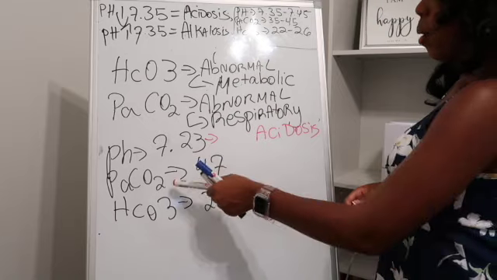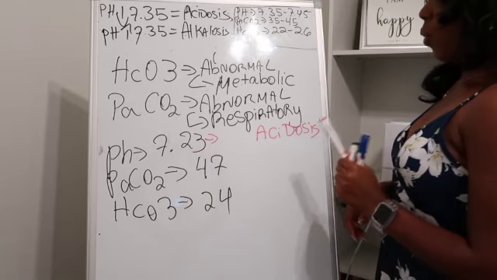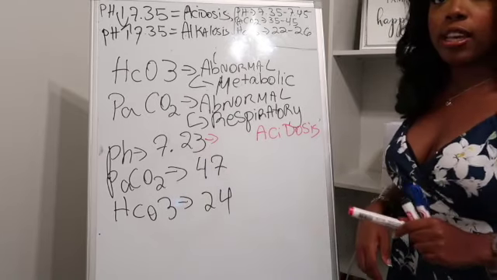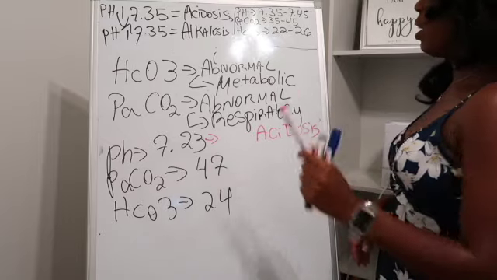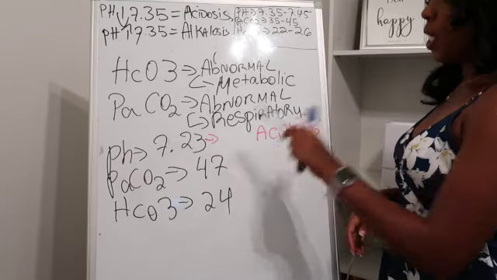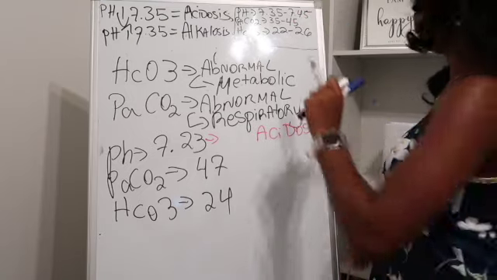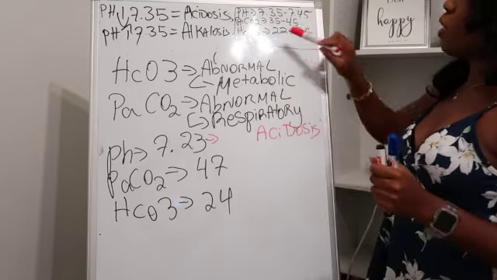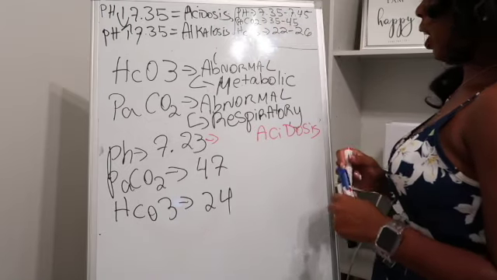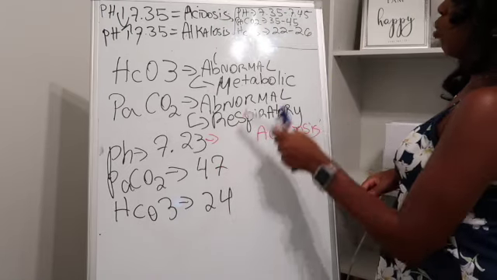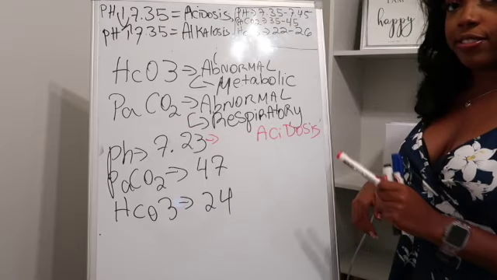So let's look at our PaCO2. Okay, our PaCO2 is 47. What is the normal PaCO2 value? The normal PaCO2 value, as you guys have written on your sheet, is 35 to 45, okay? So the PaCO2 is above 45.